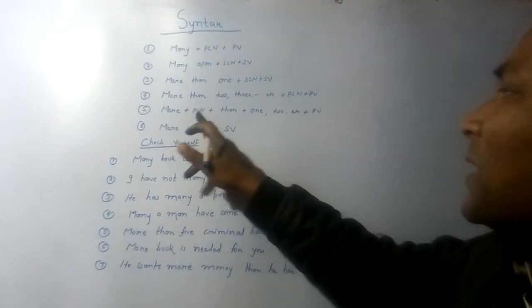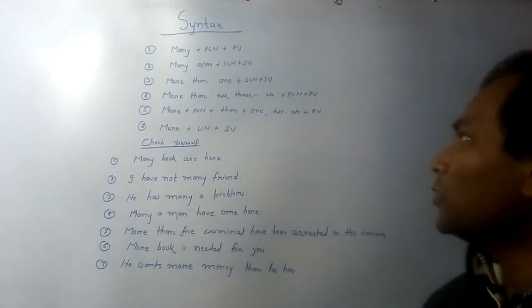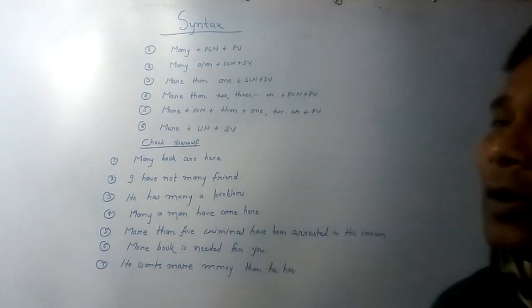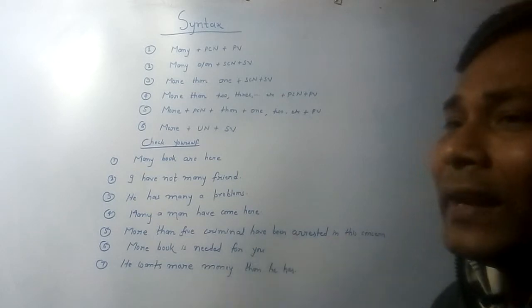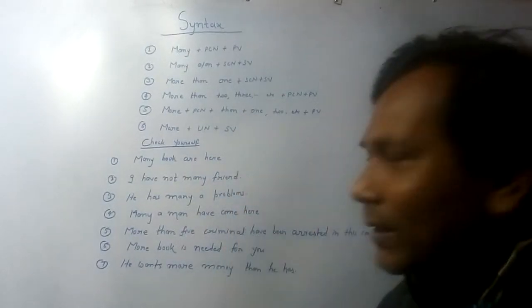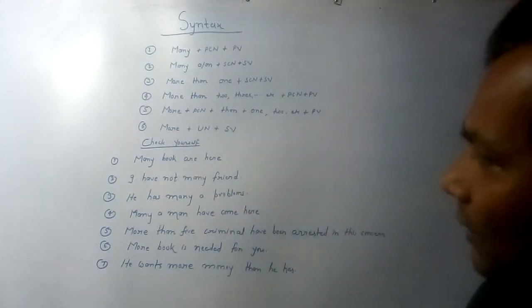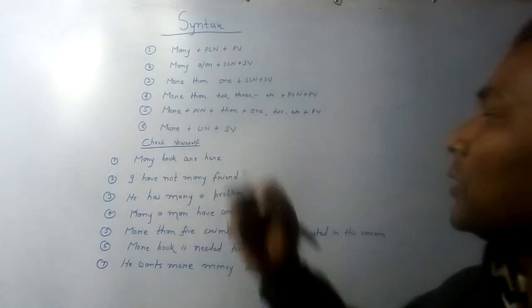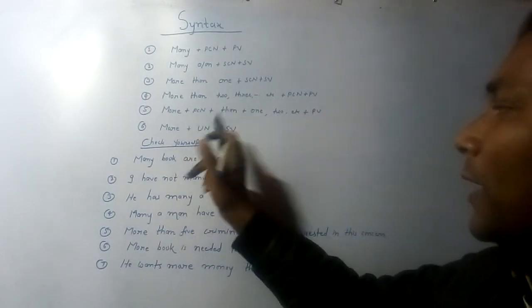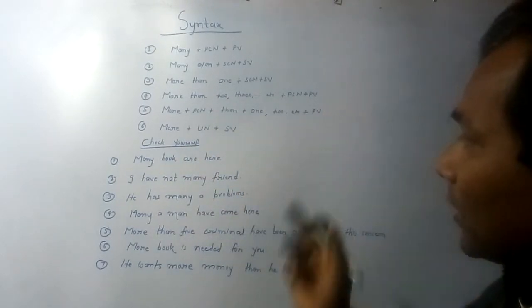Okay. More plus PCN plus than plus 1, 2, etc. plus plural verb. Okay. Now the next rule: more plus UN, I mean uncountable noun, plus singular verb. Just see carefully: more plus UN plus singular verb. After more, you have to take an uncountable noun plus a singular verb.